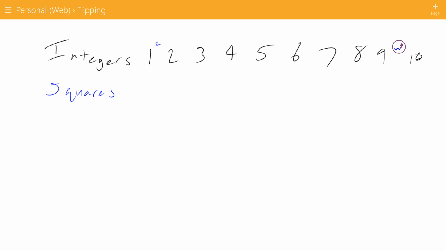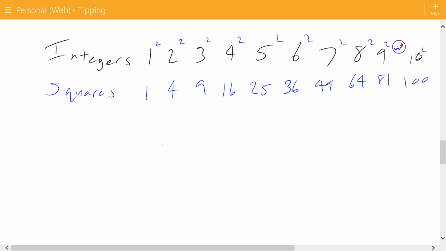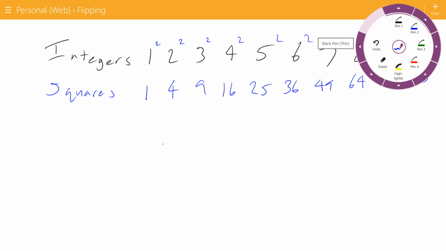So 1 squared would give you 1, 2 squared would give you 4, 3 squared, and so on until we've got all of our squares here up to 10, which is enough to cover a lot. Oh, let me not forget to add the exponents up here. Okay, so we've got these squares, and now we're going to see an example.